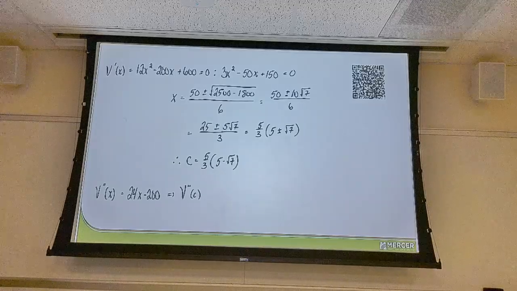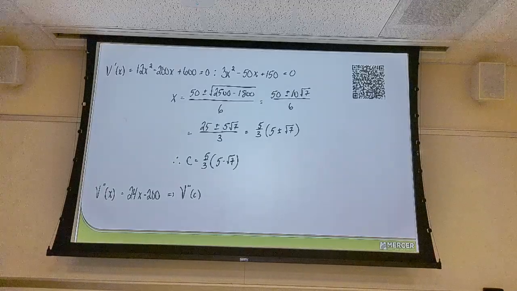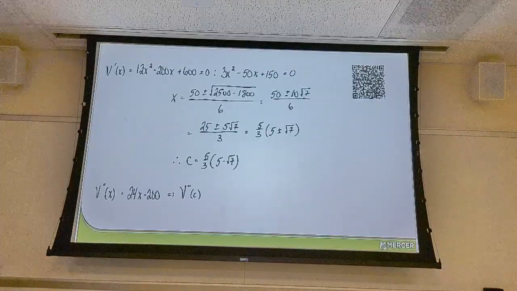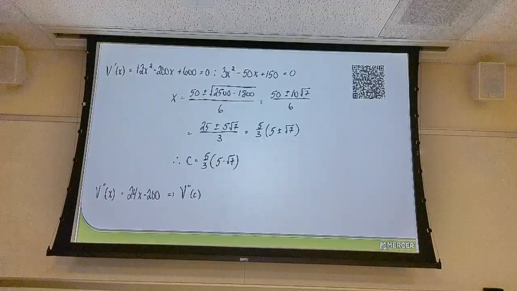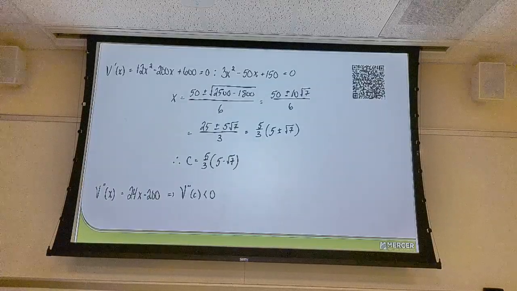Two and a half times 5, it'd be 40 times 5 minus root 7, which would be negative.